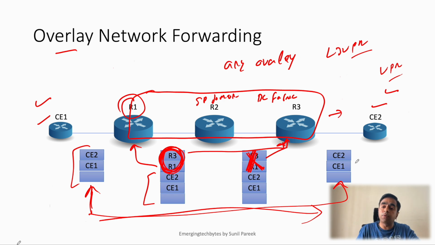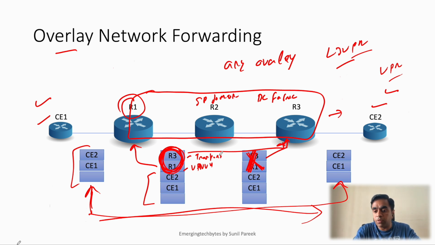Since we are talking about L3VPN, these are actually the labels here. One of them is the VPNv4 label, another one is the transport label.